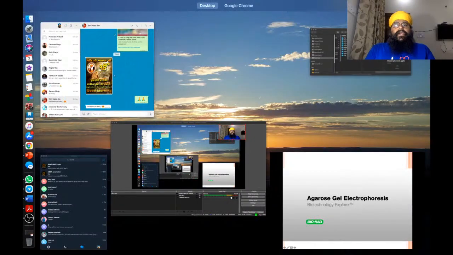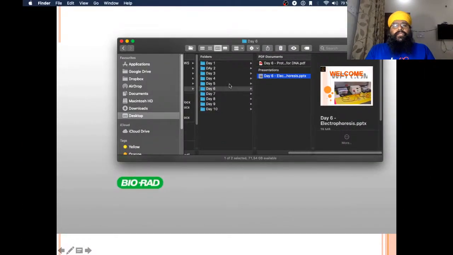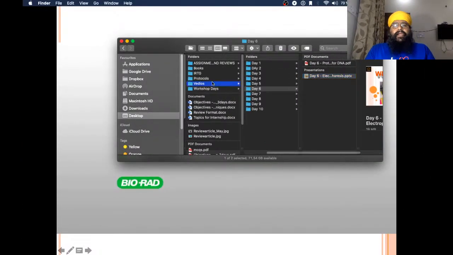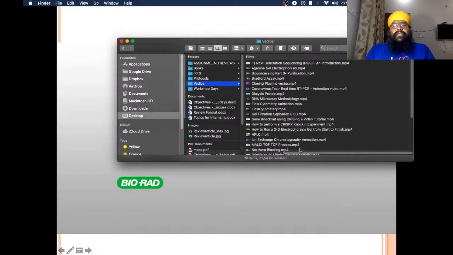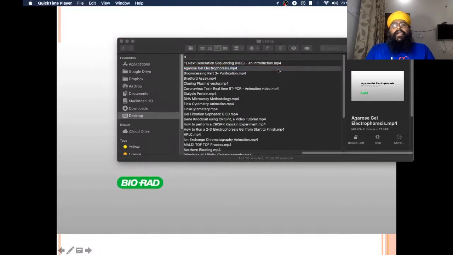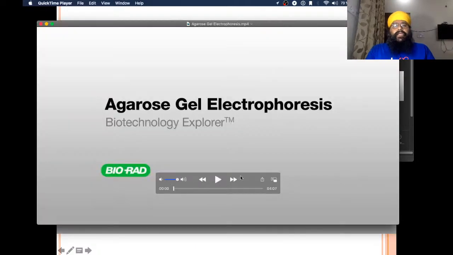So now let's see how agarose gel electrophoresis is basically done in the lab, because this is a widely used technique in your day-to-day life. You will definitely come across this technique for sure.